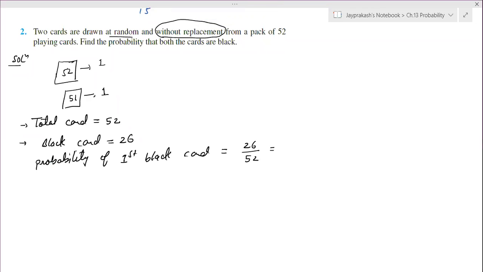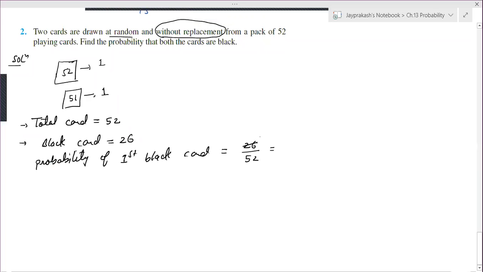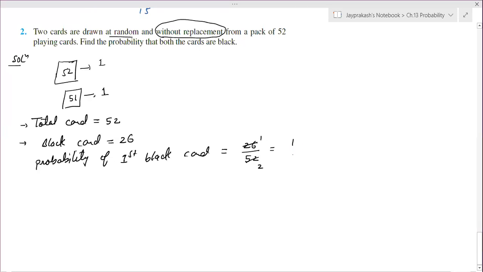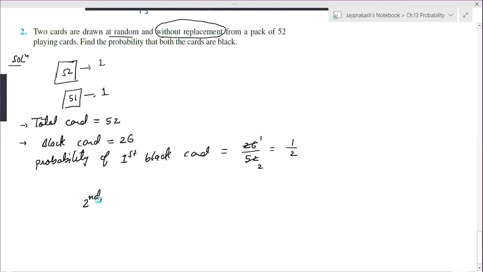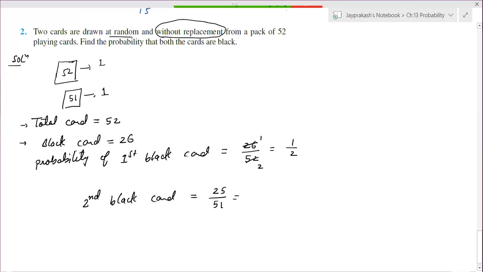So it will be 1 by 2. Now we have already selected one black card, so the probability of the second black card is 25 by 51.